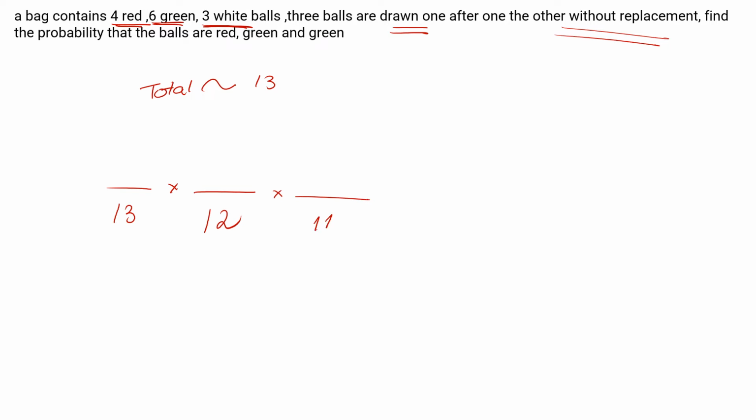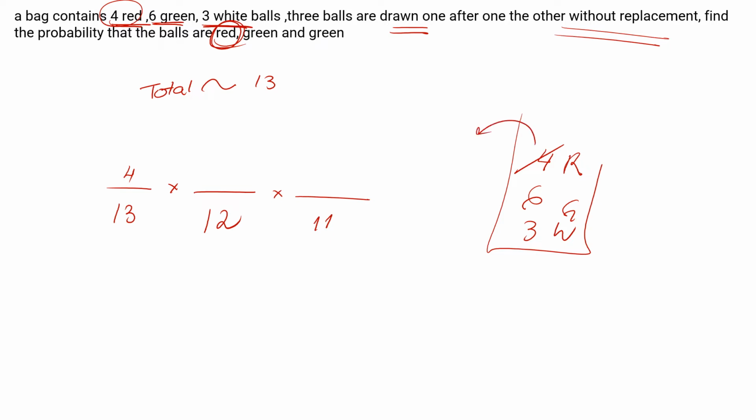Now you have to choose balls one by one. First of all, red balls. So how many red balls in the first chance? 4 red balls. See, there are 4 red balls, 6 green balls and 3 white balls. Now you took out one red ball, so 3 red balls are left.